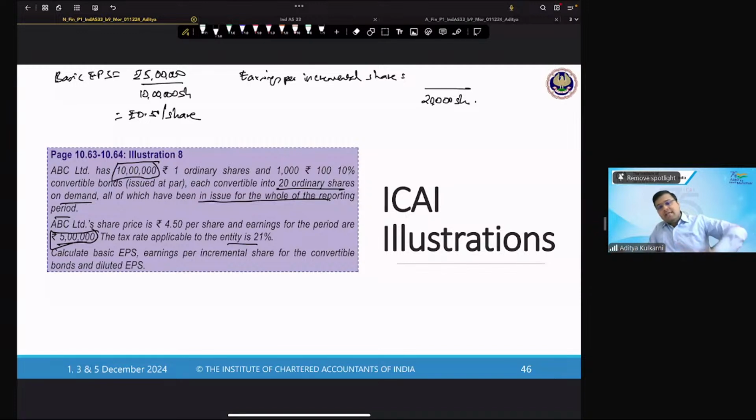If these bonds are converted into shares, how much interest are you going to save? 10% of 1,000 debentures. 1,000 into rupees 100 into 10% into 1 minus 0.21 tax rate.